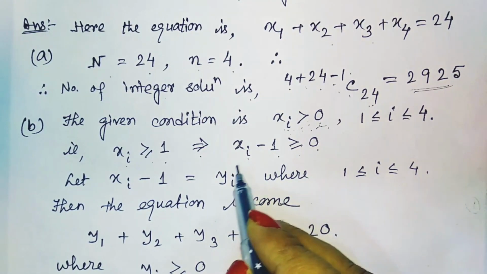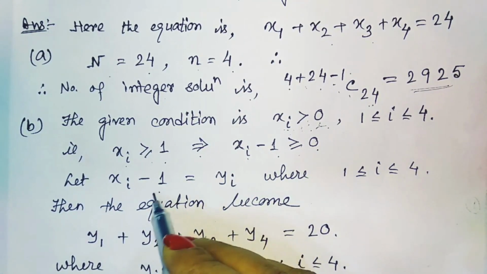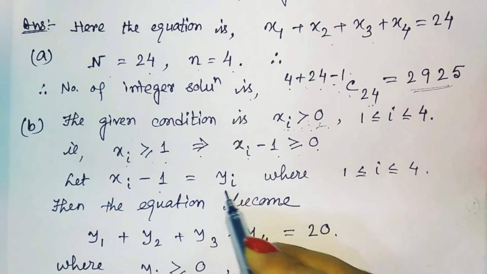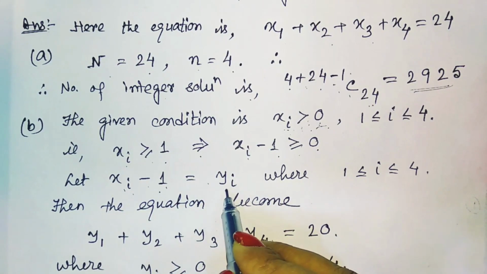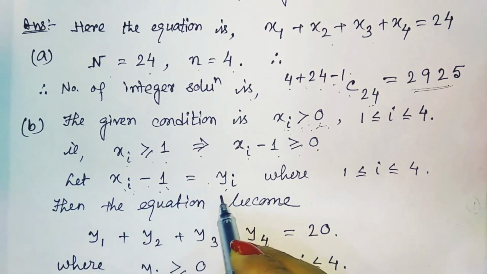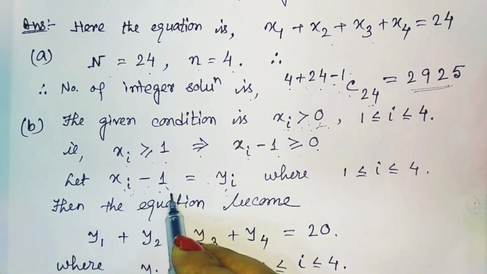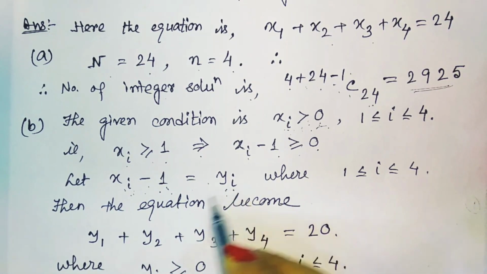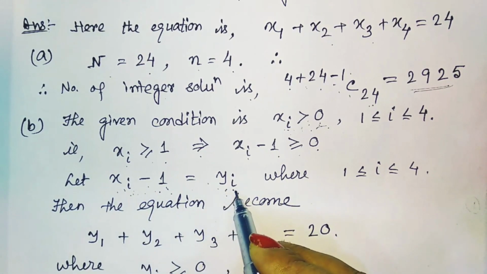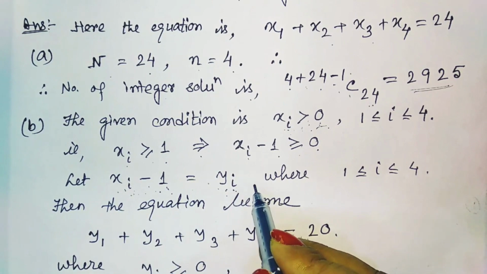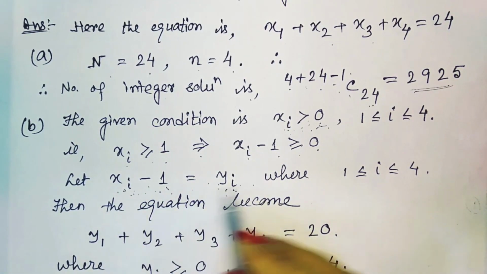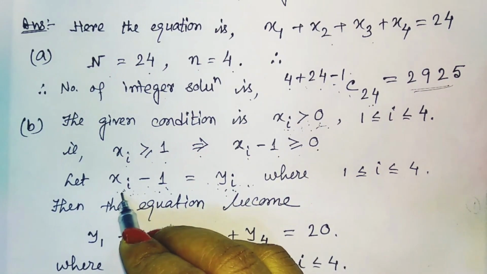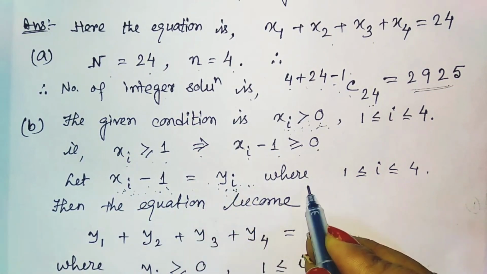Now we consider xi minus 1 as another variable yi. So x1 minus 1 is equal to y1, x2 minus 1 is equal to y2, x3 minus 1 is equal to y3 and x4 minus 1 is equal to y4. After this, we find x1 is equal to y1 plus 1, x2 is equal to y2 plus 1, and similarly the remaining.